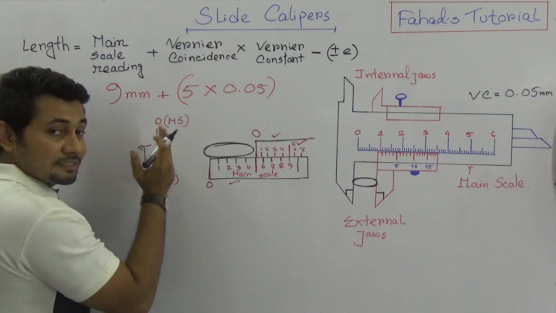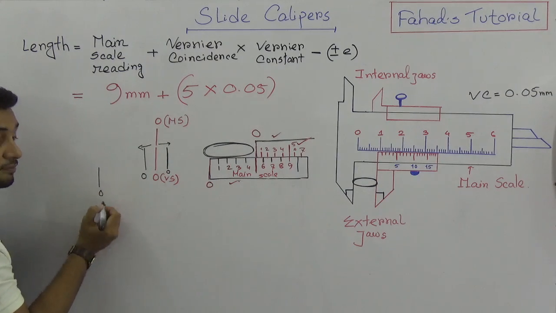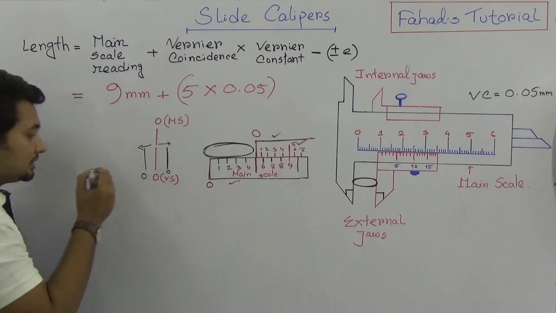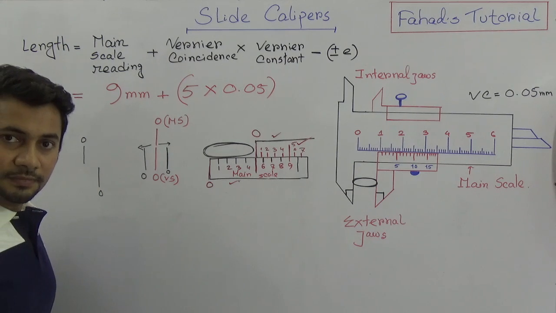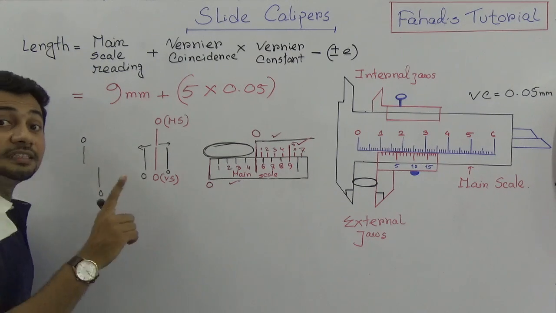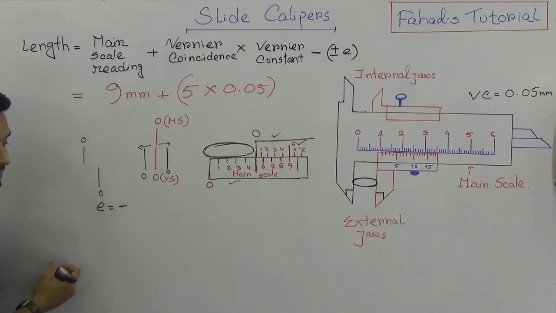If the 0 of the Vernier can't reach the 0 of the main scale, the error is negative.